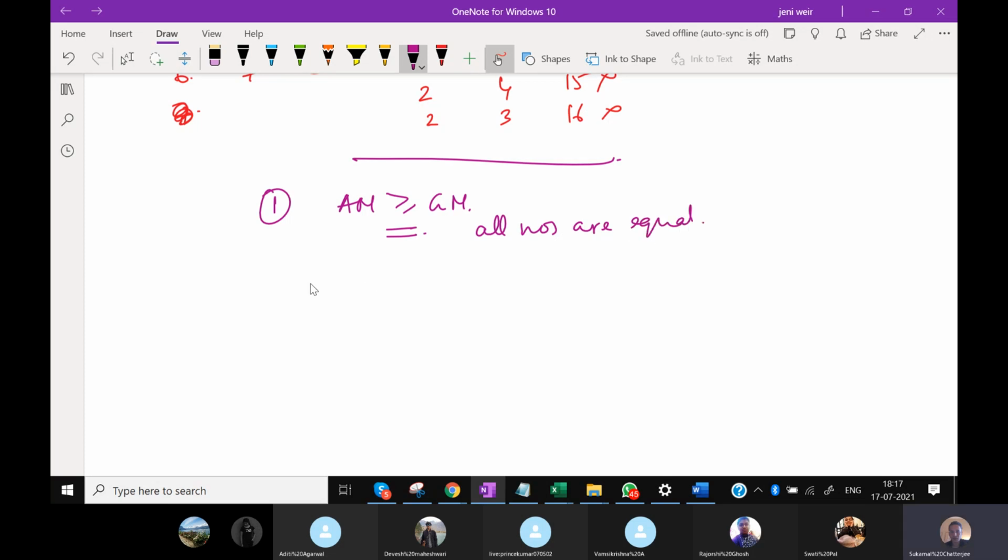So if any of the numbers are different, then it will be arithmetic mean greater than geometric mean, provided all numbers are greater than 0. All numbers have to be positive. So which means whenever you see a sum and a product, you have to apply this concept. This is number 1.